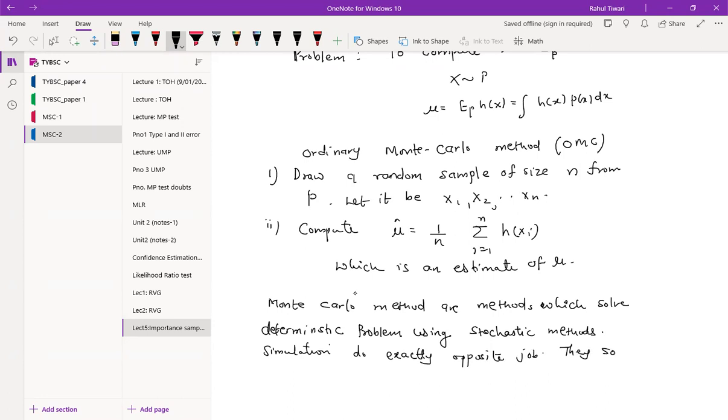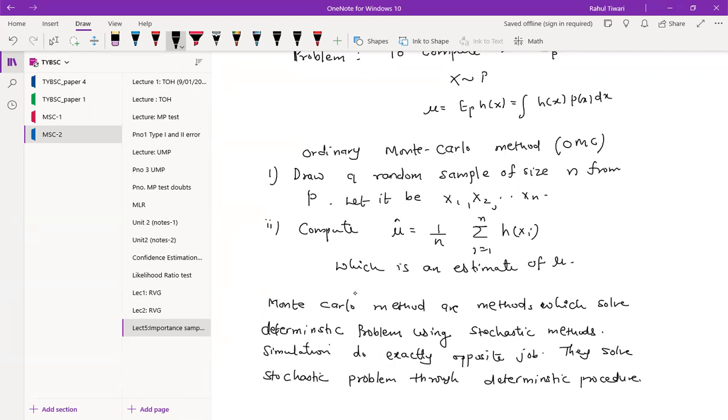They solve a stochastic problem through a deterministic procedure or method.